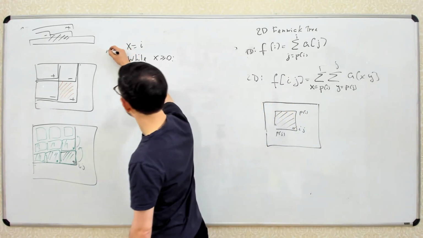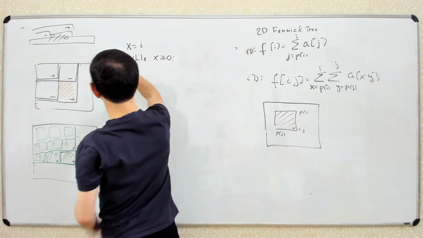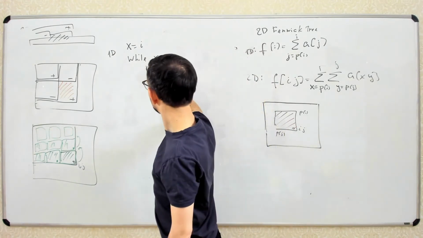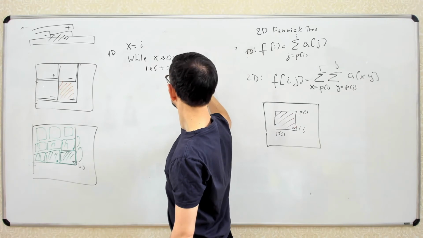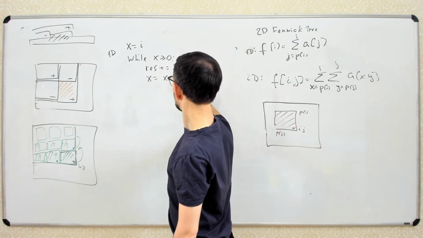This is the one-dimensional case. The one-dimensional case works like this: we add the value at x to the result, and x becomes x and x plus 1 minus 1.